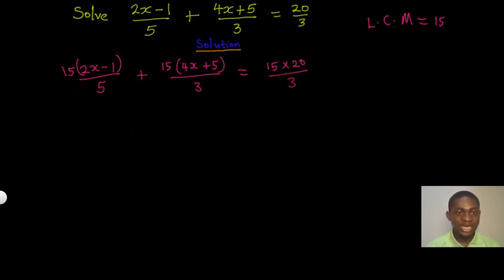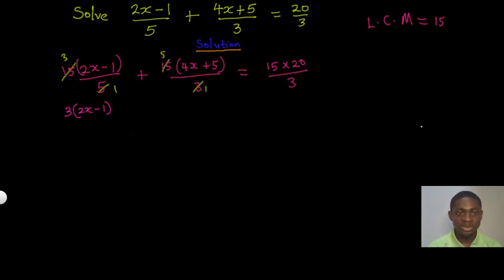Now that we've done that, we can say 5 goes here, that will be 3, 5 goes here, 1. So it becomes 3 open bracket 2x minus 1. We do the same thing. 3 goes here, 1. 3 goes here, 5.